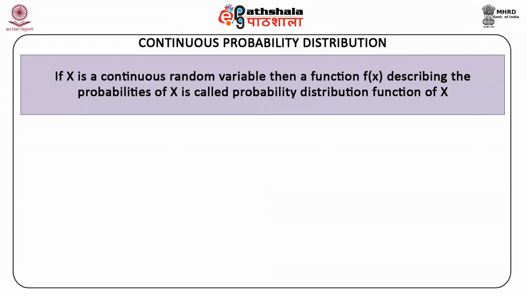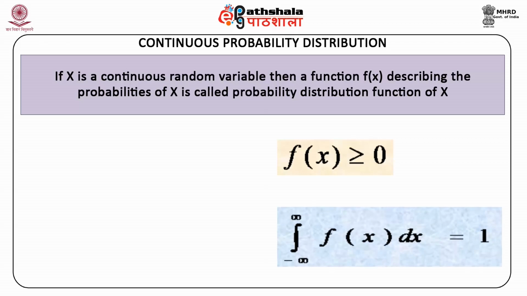If x is a continuous random variable, then a function f(x) describing the probabilities of x is called the probability distribution function of x or probability density function. The following are the properties of the probability density function of x: f(x) greater than or equal to 0, and the integral from minus infinity to plus infinity of f(x) dx is equal to 1.